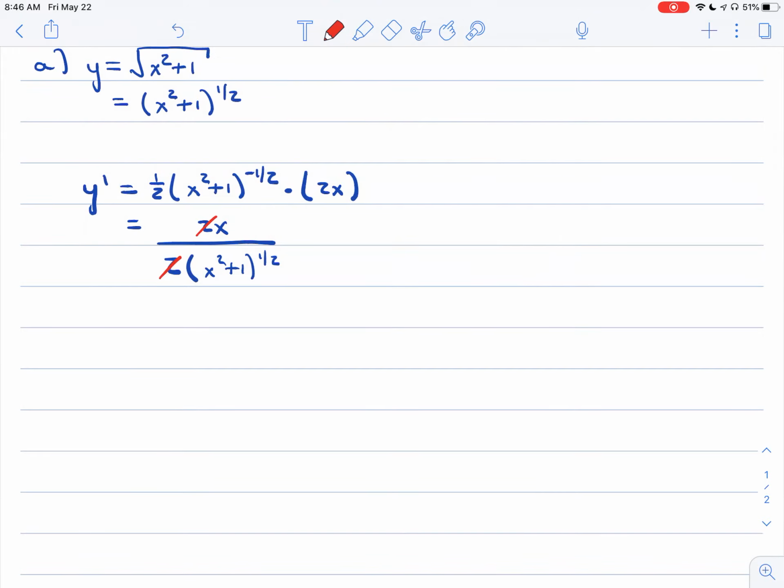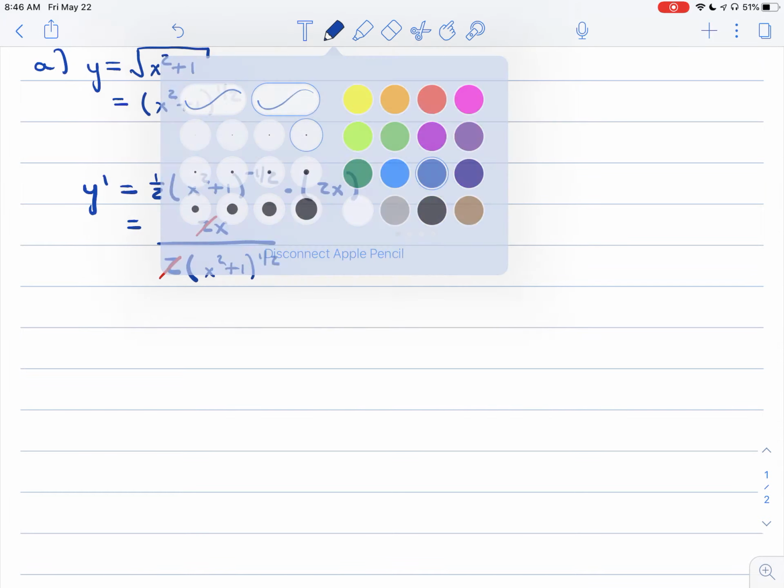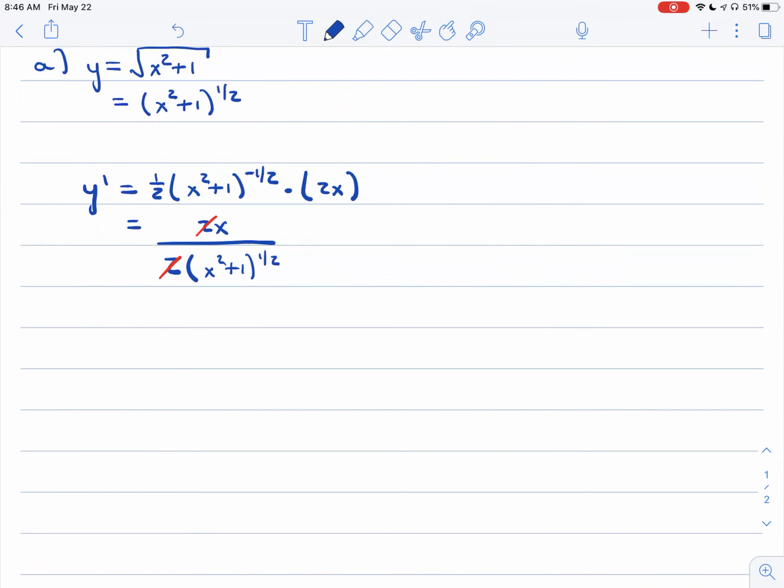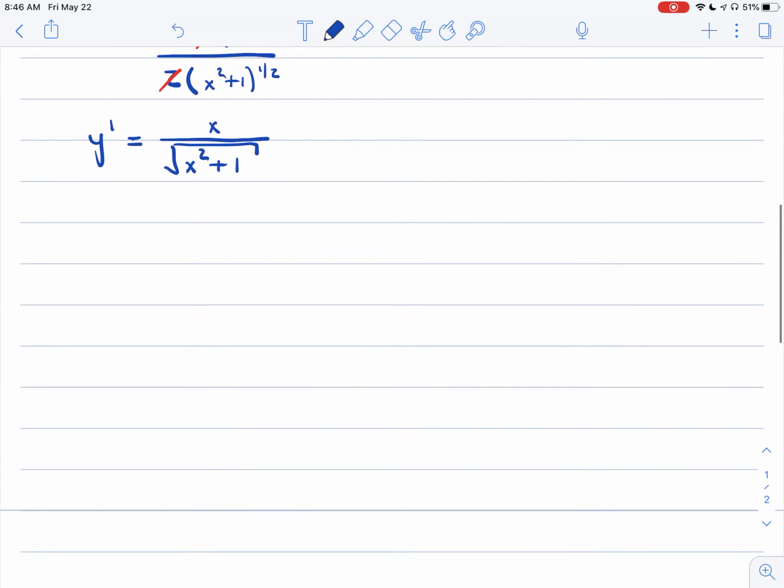So we can cancel our 2's out and then just rewrite that 1/2 exponent as a square root. So we would have x divided by the square root of the quantity x squared plus 1. And that is our derivative. Okay, so this is the chain rule. So take the derivative of the outside function and then multiply it to the derivative of the inside function. All right, let's look at some more examples.